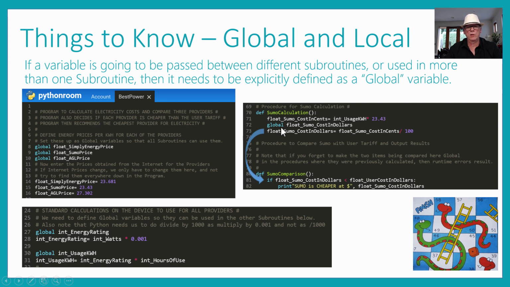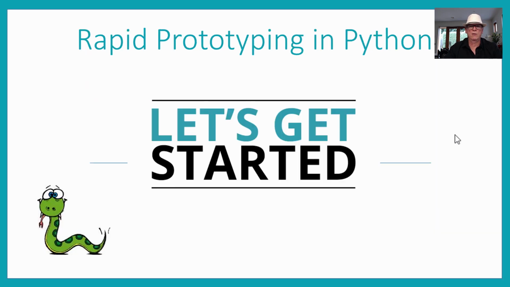So that's going to have global in front of it to make it a global variable to do that. And if that isn't making any sense at all, go back to the original Python video before this one, and we explain all of that in detail. Because right now we want to get started with doing some rapid prototyping in Python. Okay, so the example we're going to use is power cost calculation.